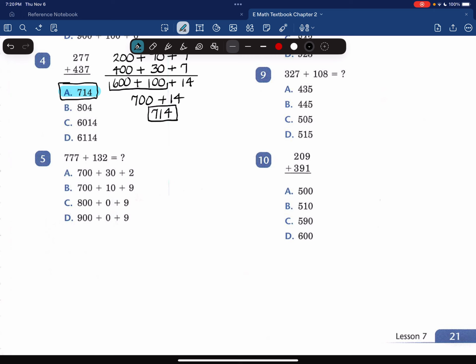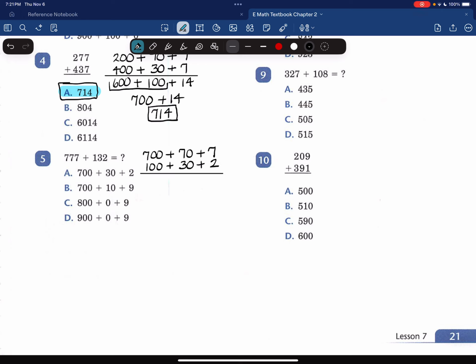All right, this one I have 700s, 7 tens, and 7 ones. And I don't know why, I just failed to put in my plus signs. And then I have 100 plus 3 tens plus 2 ones.